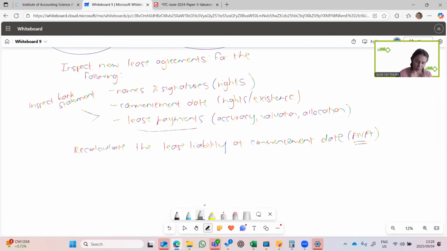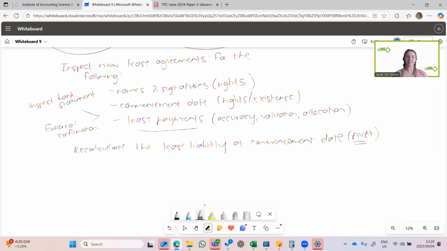We can also send out an external confirmation to the lessor, to confirm that these lease payments have in fact been made and that they have in fact leased this asset to the company that we are busy auditing.